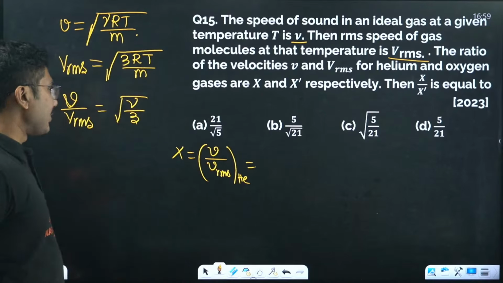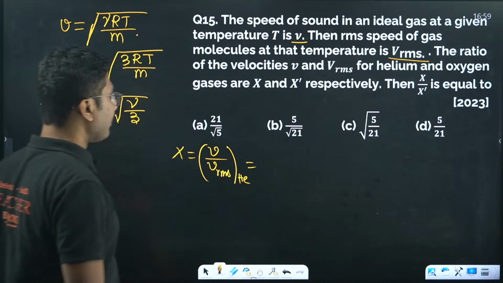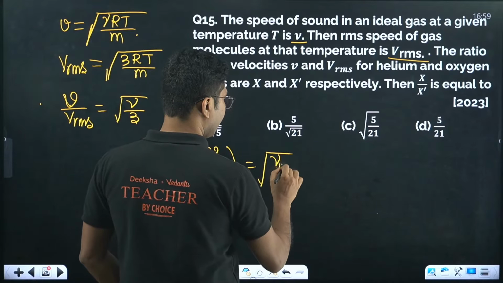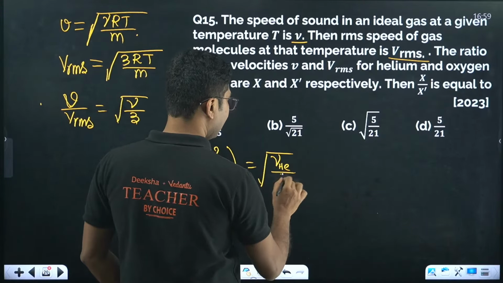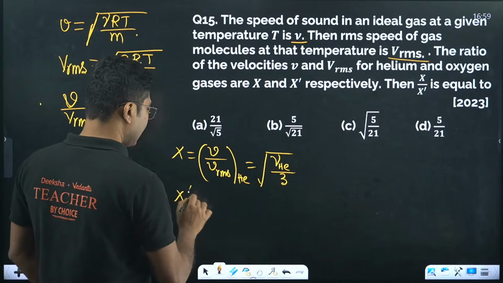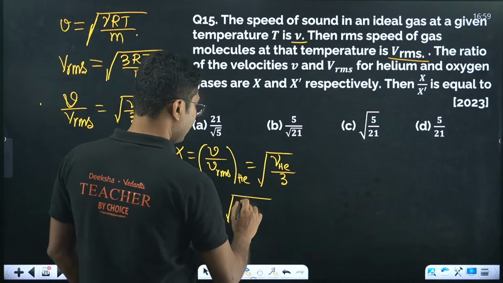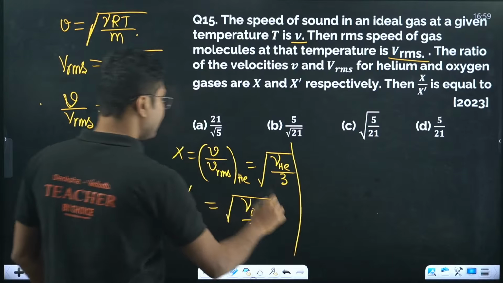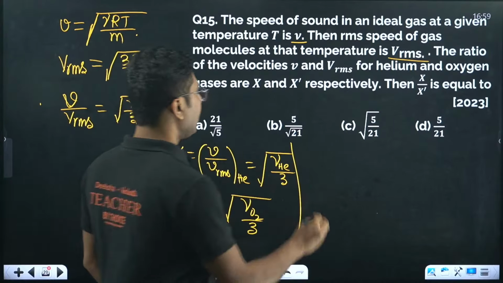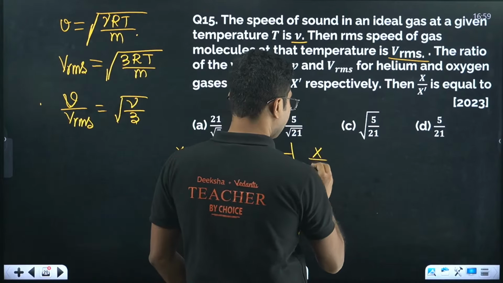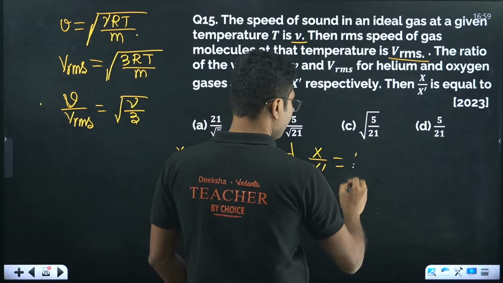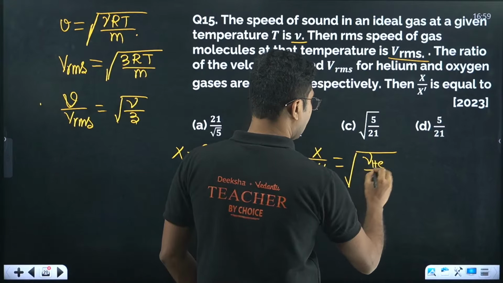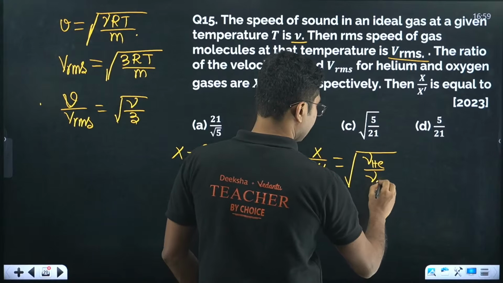Nothing special for helium, only gamma of helium divided by 3, and x dash is the same, only gamma of oxygen divided by 3. So x by x dash is actually equal to the square root of gamma of helium by gamma of oxygen.